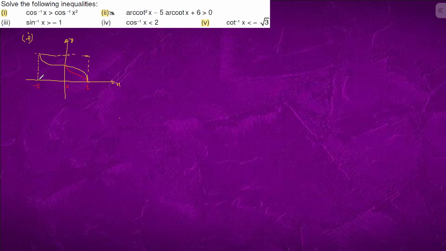So it will again come out to be this. So where is cos inverse x bigger than cos inverse square x? These are the points where it is bigger, except this one and except this one. For the whole range it is bigger, I consider.